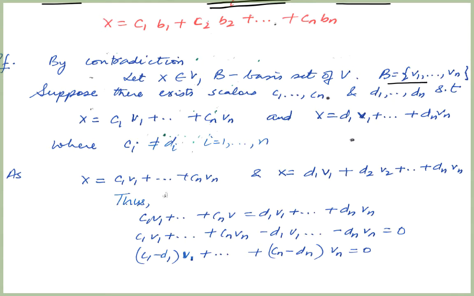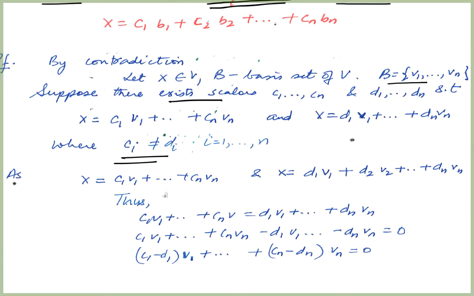And we are assuming, for contradiction, that I will have two sets of scalars, totally different, such that my x can be written as c1 v1 plus ... cn vn. At the same time, there's another set of scalars such that my x can be written as d1 v1 plus ... dn vn. And we are using the assumption that the ci's are not the same as the di's. A very important concept. Okay, so let's look at that.